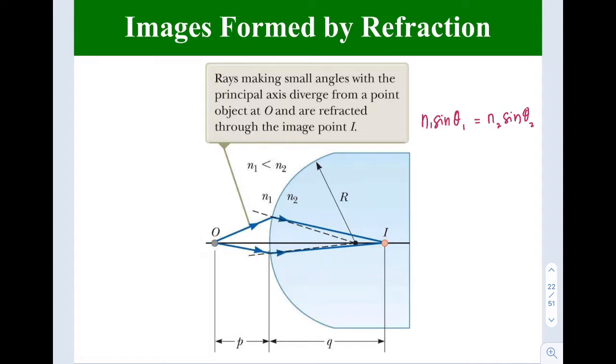We are going to assume theta is very small, therefore sine theta is more or less theta only. So this equation is simplified to N1 theta 1 equals N2 theta 2.